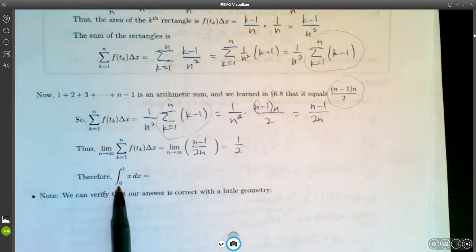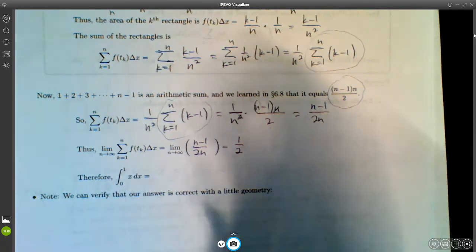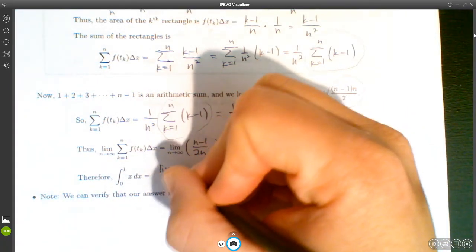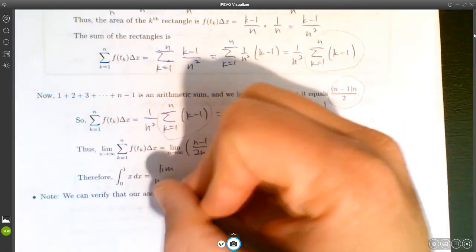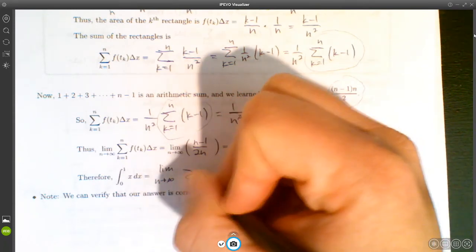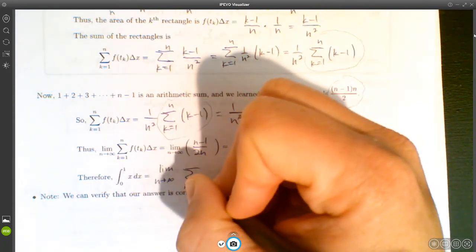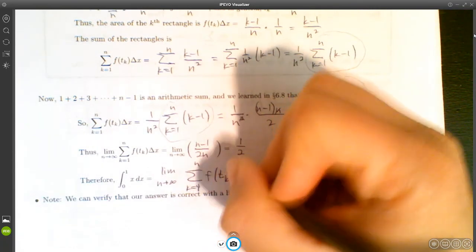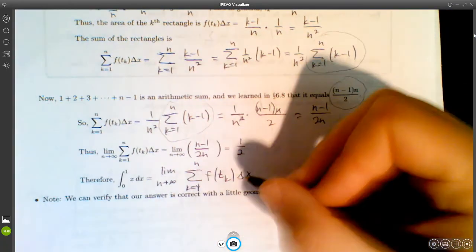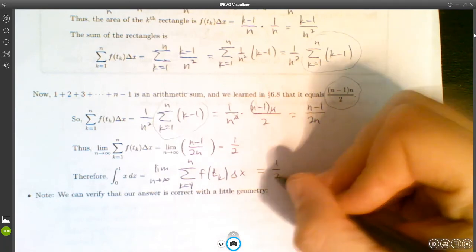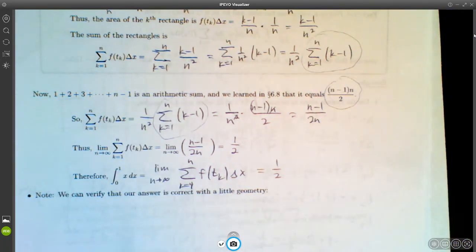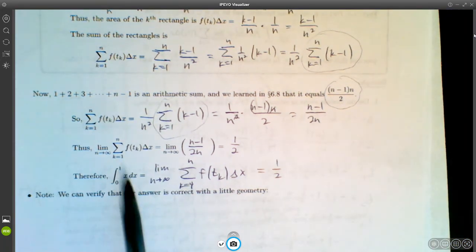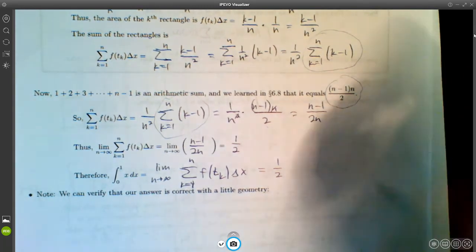That tells us that the integral from 0 to 1 of x dx, by definition, is the same thing as the limit as n approaches infinity of the sum k equals 1 to n of f of t sub k times delta x. That we decided was 1/2. So the integral from 0 to 1 of x dx is just equal to 1/2.